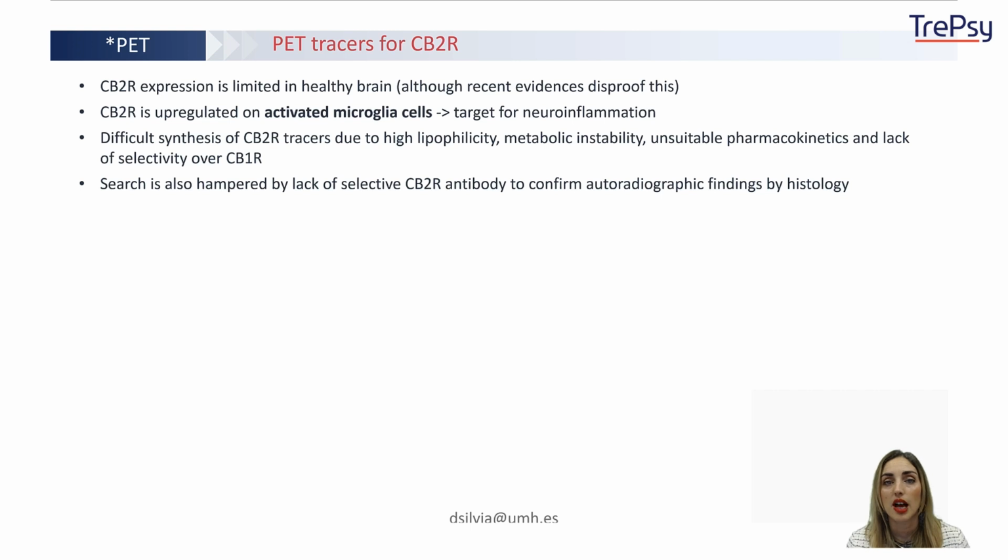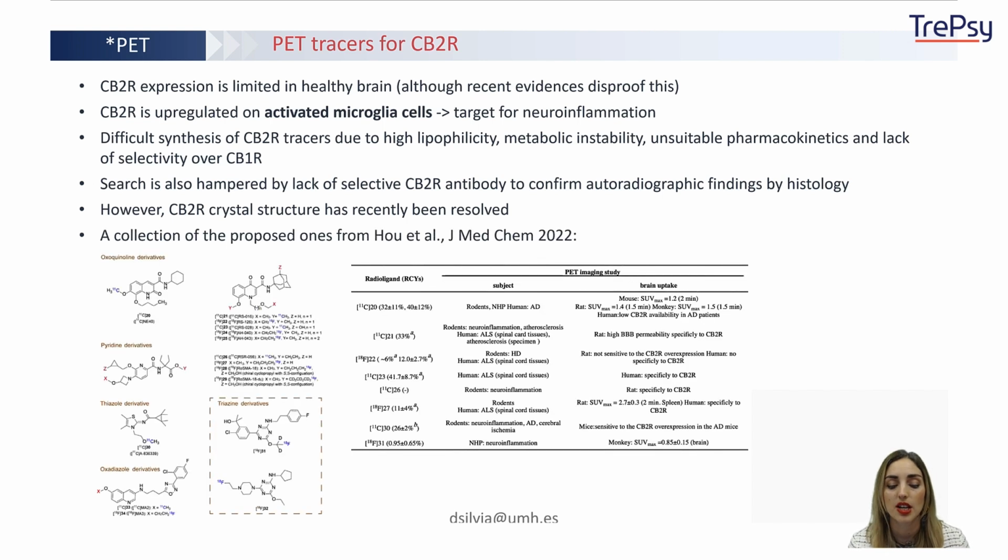Also, another thing that is hampering this search is the lack of selective CB2R antibodies to confirm the findings using postmortem techniques like histology. However, recently the CB2R crystal structure has been resolved, so there is hope in the field that this will impulse the formulation of new tracers.